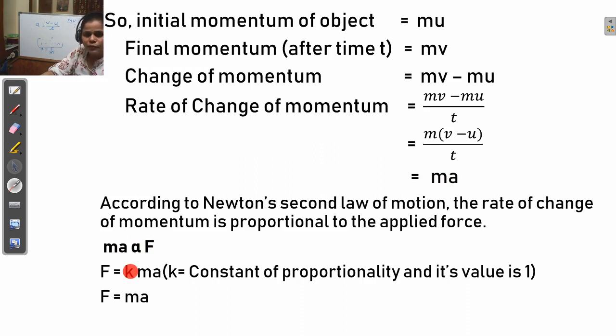So in place of the proportional symbol we write equals and a constant k, so F equals k times ma, where k is a constant of proportionality and its value is 1. So we got F equals ma. This is our formula, F equals ma.